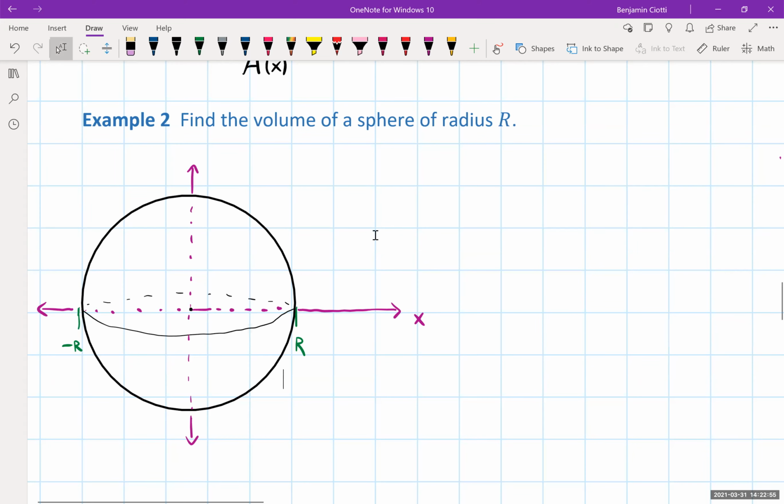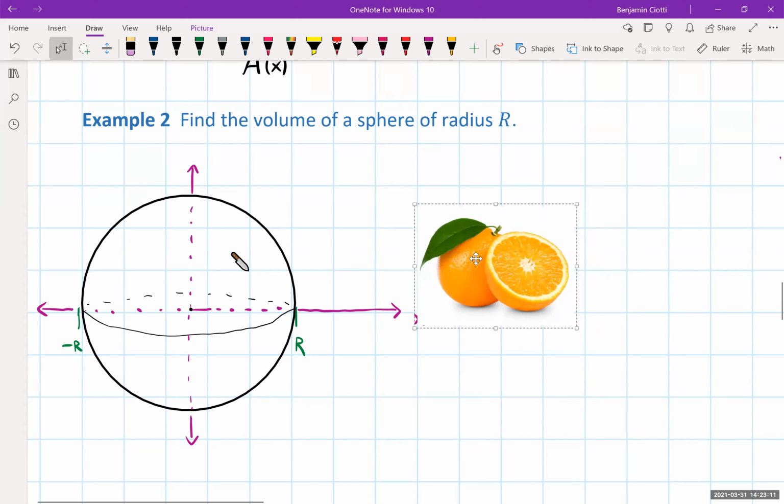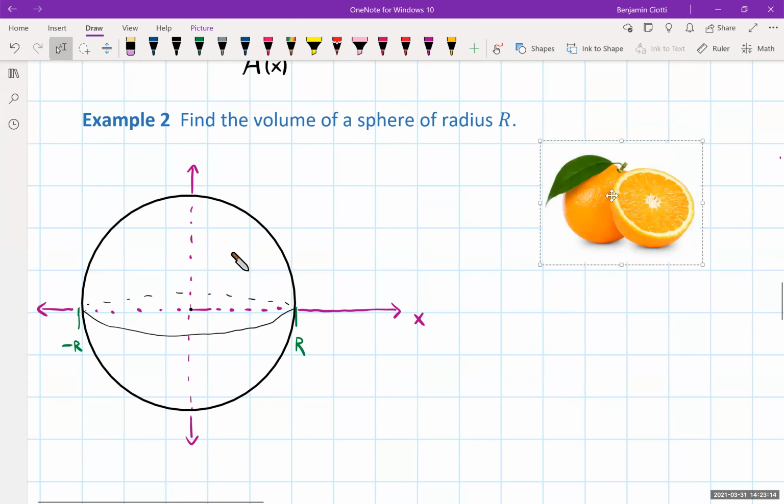Now, we need to take our knife and cut this thing open. Maybe some of you noticed that at the beginning of lecture, I had a picture of an orange. So you can imagine slicing open an orange. What's the shape that you see when you slice open an orange? You see a disc. So let me try and draw one of those.